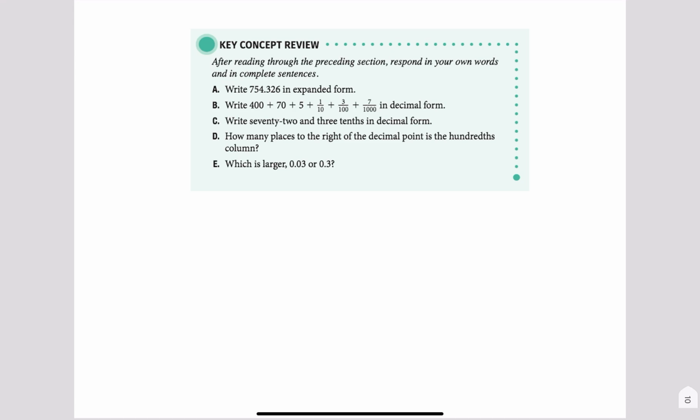So let's review some of the key concepts here from this first section. So let's write 754.326 in expanded form. So that would be 700 plus 50 plus 4 plus, now I would write my decimal numbers as their fractional equivalents so that I can really see what they're worth.